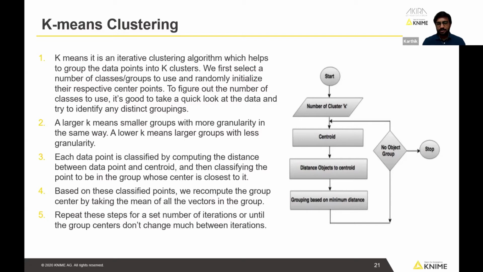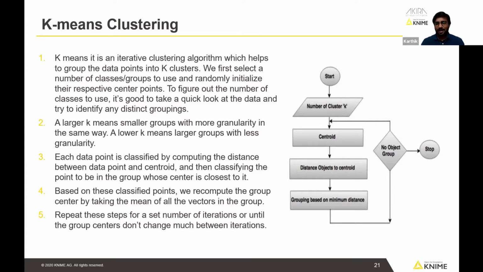Let's understand the flow first. Once the K-means algorithm has started, the first thing is we define the number of clusters, starting with data analysis. Then we initialize the centroids with a random seed. I'll explain what the centroid is. Then the algorithm calculates the distance from each centroid to the individual data points, and the closest data points for each centroid are grouped as a cluster.